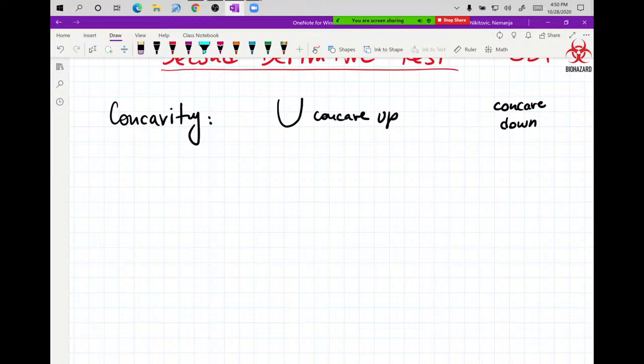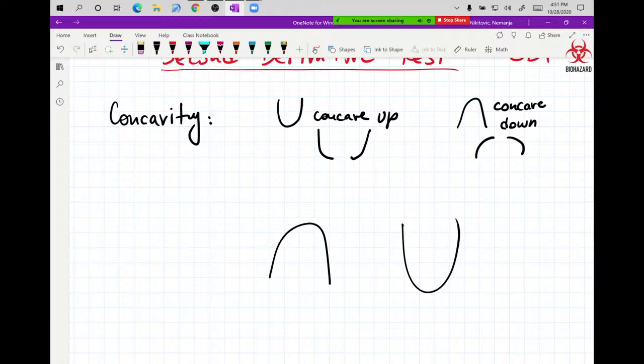If it holds the water, it's concave up. If it spills the water, it's concave down. You can also have just parts of this. You don't have to have the whole U shape. You can just have this much, or that much, or this much and that much. Any of these shapes. It doesn't have to be a full horseshoe or U, whatever you want to call them.